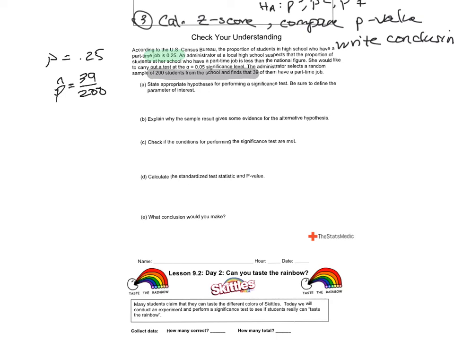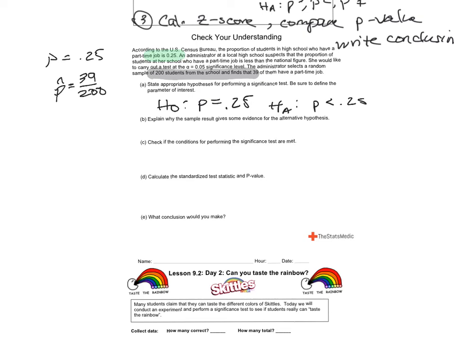And then we need to tell them that our null hypothesis is p is equal to 0.25. And according to the question, the administrator suspects that the proportion of students at her high school who have a part-time job is less. So we're going to do less than 0.25.